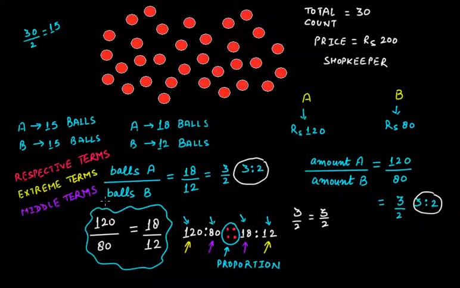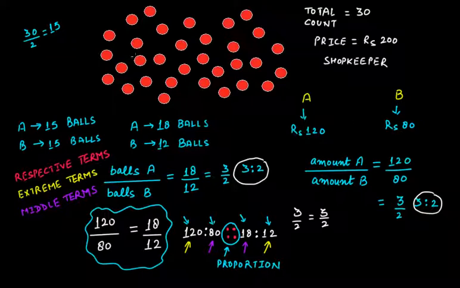And why did we need to find these two different ratios? Just to show that the ratio in which the amount was paid by A and B is the same ratio in which you have to divide the balls. Therefore if 120 was paid by A and 80 by B, the distribution cannot be equal, because A has paid more and B has paid less.